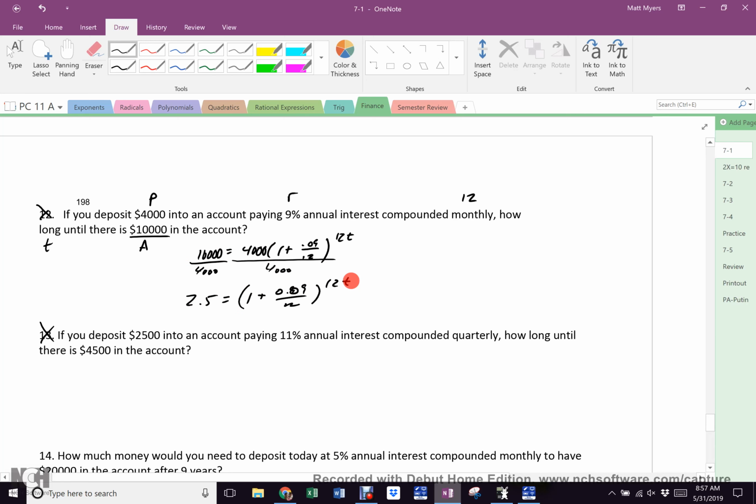Where is some work I can tidy up right now? Somebody who put their hand up preferably. Where is there some work I can tidy up right now without worrying about logs or anything? In the brackets, yes? So tidy that up with your calculator, and I'm going to rewrite it up here when somebody tells me what it is. What is 1 plus 0.09 divided by 12?